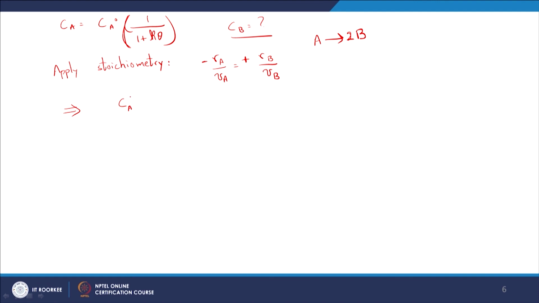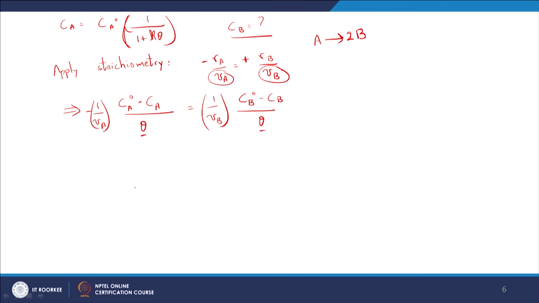We have Ca naught minus Ca, but here instead of time it is going to be obviously theta, theta into Cb naught minus Cb by theta, and obviously here you are going to have the same stoichiometric coefficients, 1 by mu A, minus 1 by mu A, and here I am going to have 1 by mu B. So it is not time anymore, it is the hydraulic retention time here. That is the key here.